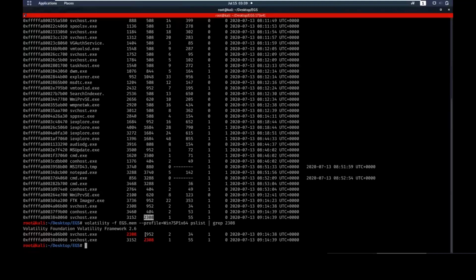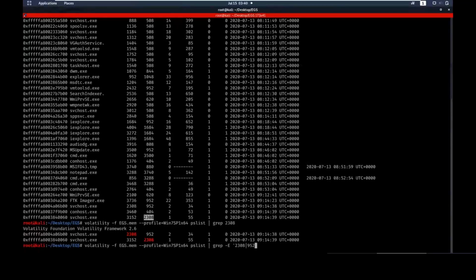In the next level, let me check who is the parent of this svchost. This time I go to grep for both of them, 2308 and 952.